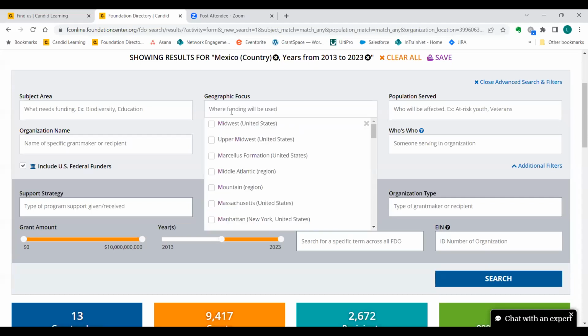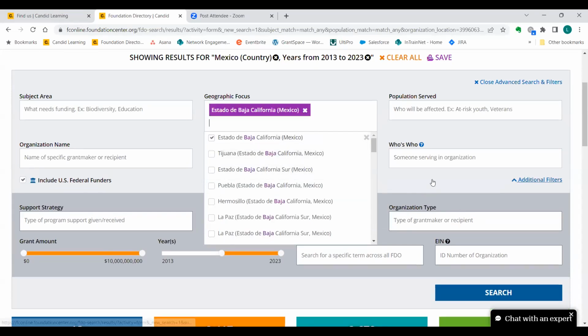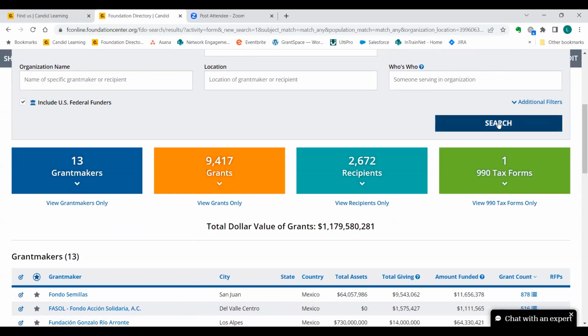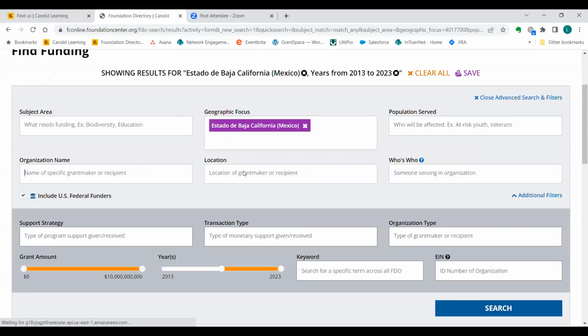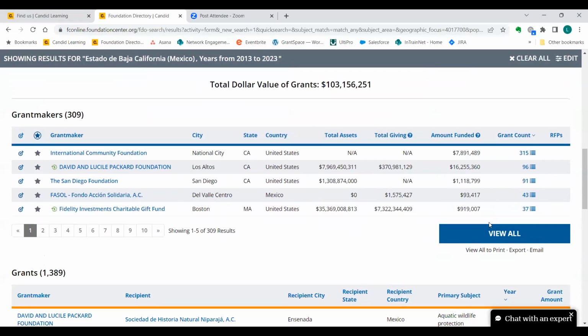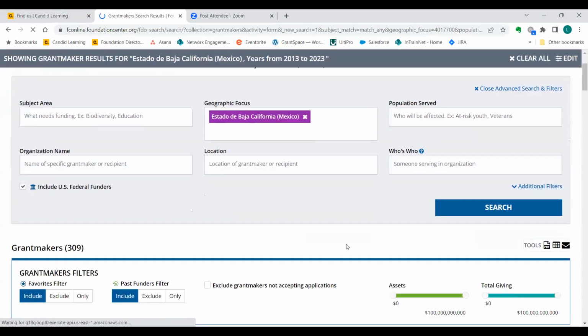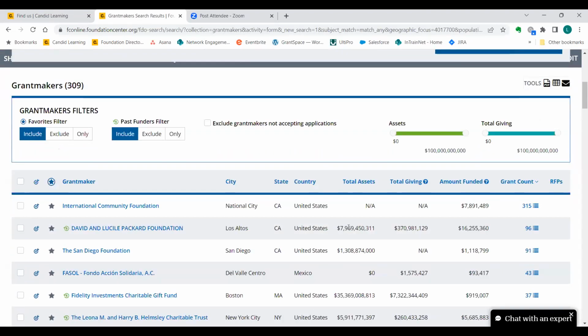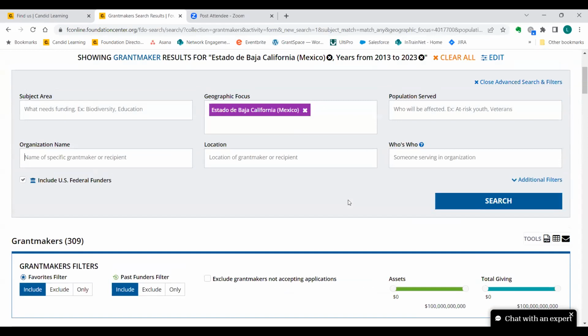I'm going to go back and see if my Baja California search will work this time, because I know there were a number of funders that focus specifically on Baja California. Okay, the results are coming in now. There are about 300 that have at some time made a grant to an organization in Baja California, because that's what it really means when you use geographic focus.